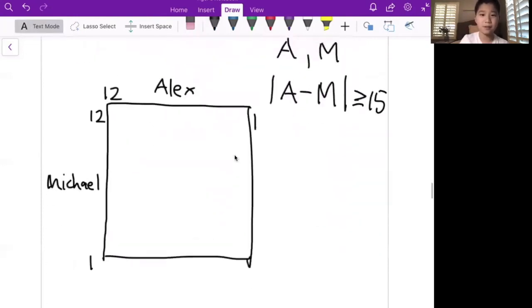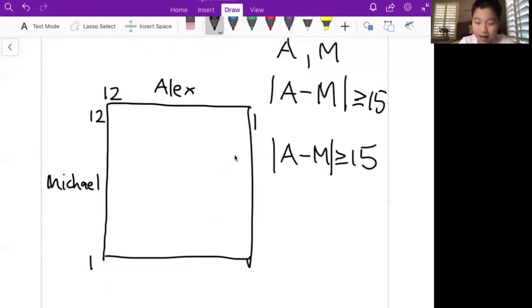Now let's try to graph it here. So let's see. What do we do when we graph inequalities? Well, we graph the equalities and then we decide which side the inequality is on. So let's say A minus M is greater than or equal to 15, and don't forget to take the absolute value.